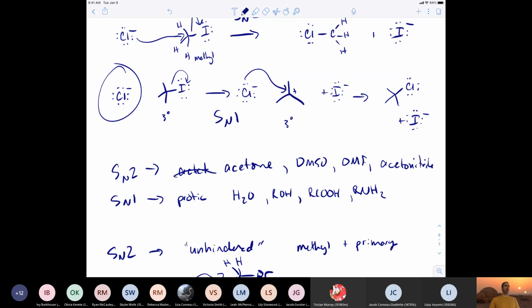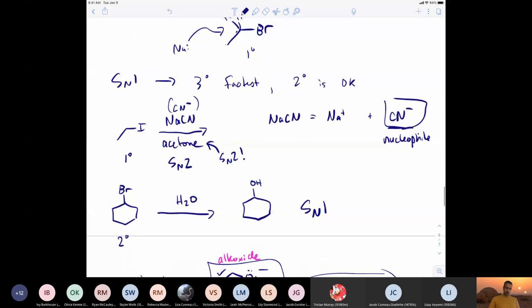And how do we know it's a bad base? It's because its conjugate acid is a super strong acid. HCl is very strong. The stronger an acid is, the weaker its conjugate base. So this is going to be a super terrible base. But a great nucleophile, it's got a negative charge and electrons, so it's fine for that.